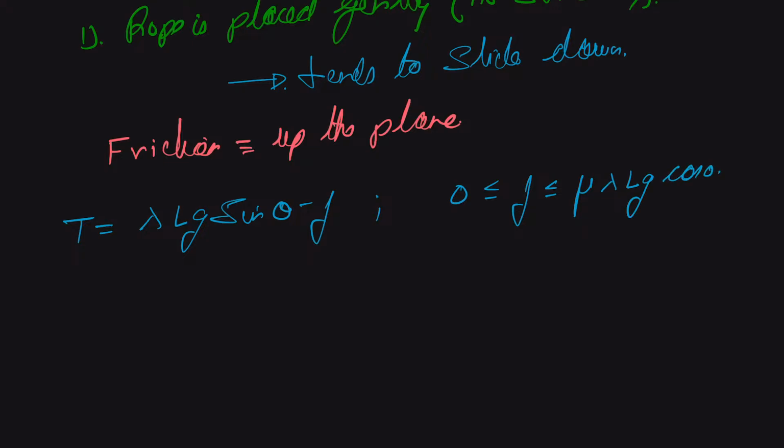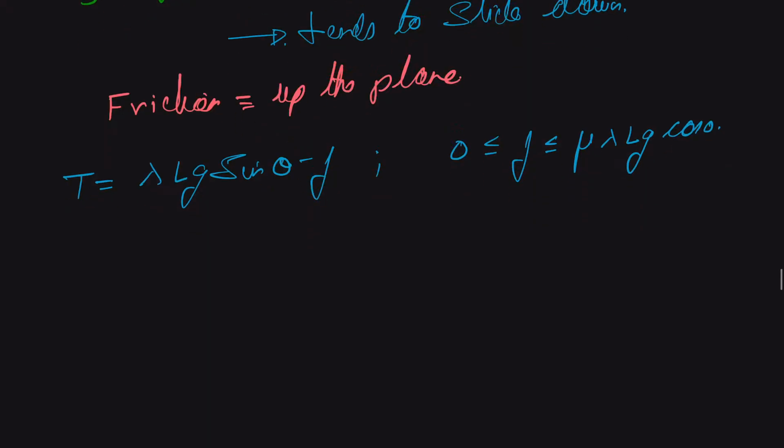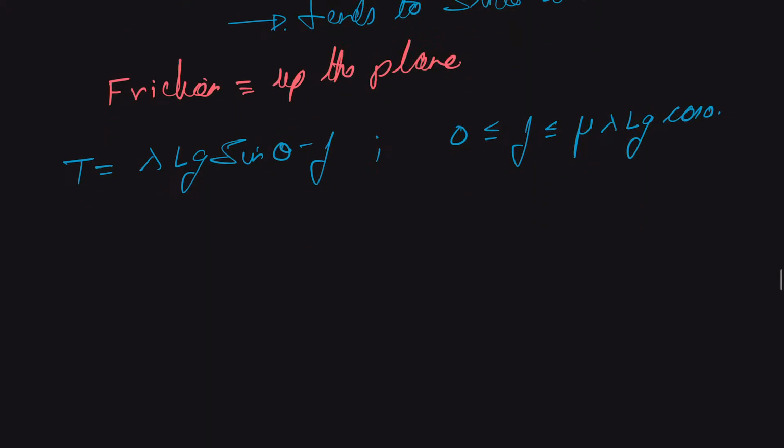So the minimum possible value of the tension, T minimum, will be equal to lambda L G sine of theta minus mu lambda L G cos of theta, and this is our minimum possible value.